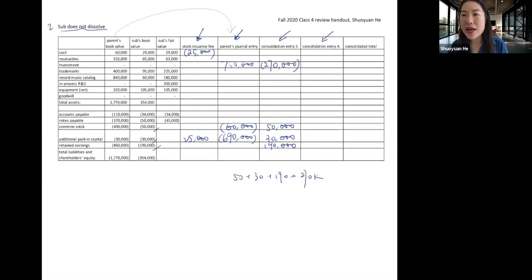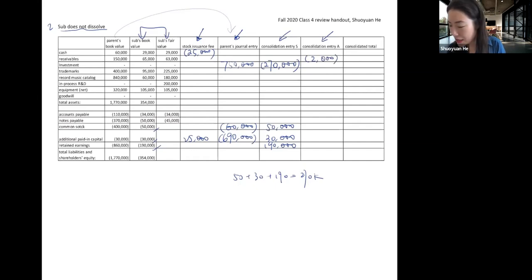Consolidation entry A, the purpose is to increase the subsidiary's assets and liabilities from their book value to their fair value and to recognize any goodwill, if there's any. So the difference between the subsidiary's book and fair value: in receivables, the difference between fair and book values is negative 2,000.